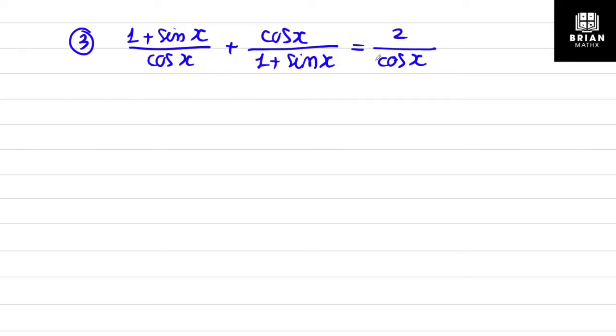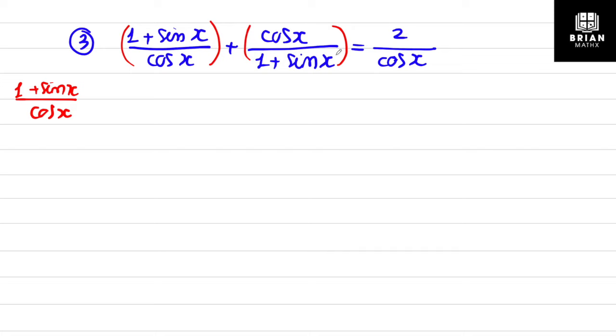I can see the left hand side is very complicated and the right hand side is a little bit simple, so I will change from the left hand side to the right hand side. The first thing I need to change: here we have 2 fractions, and they have different denominators.